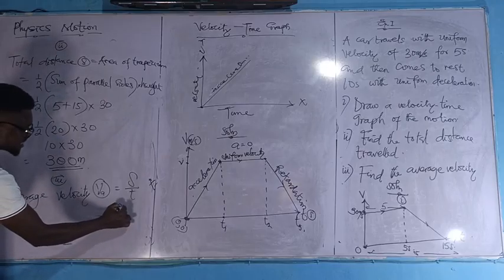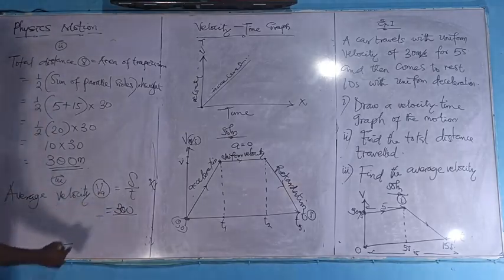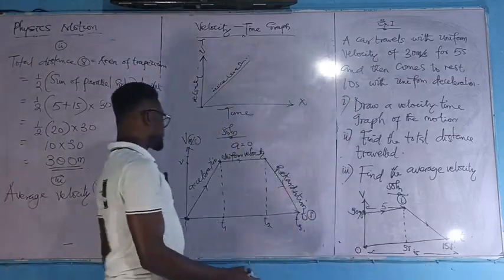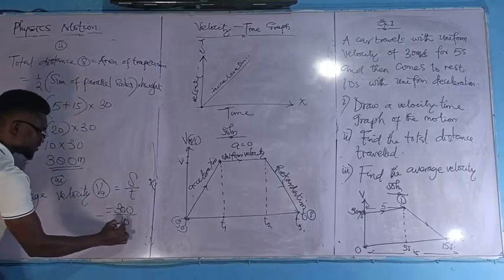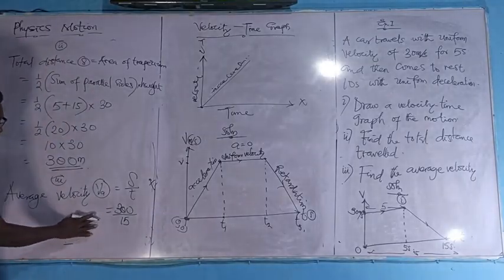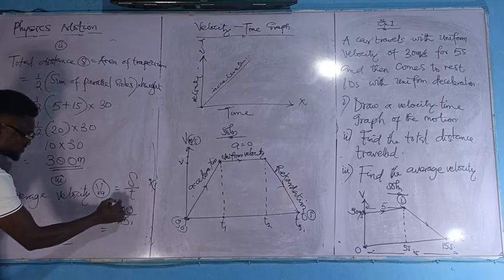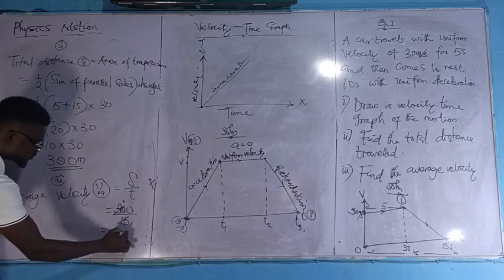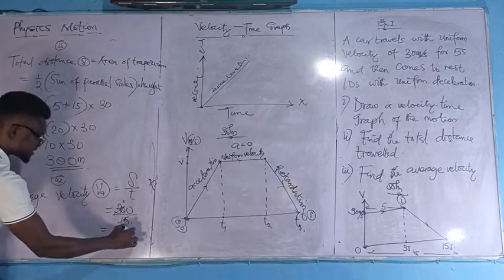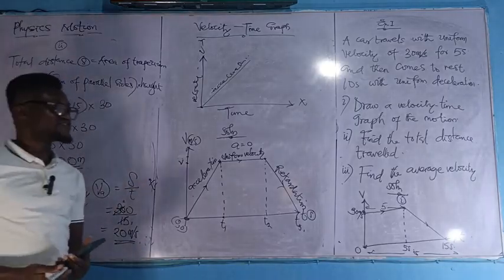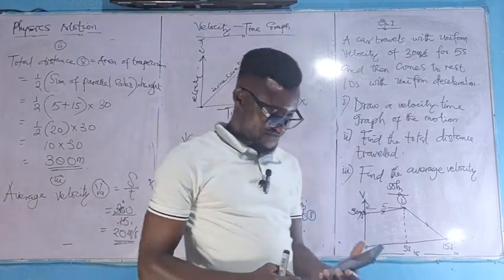So, the total distance, 300, over total time. The total time is from 0 to 15 seconds. So, the total time should now be 15 seconds. So, if you divide this, 15 goes into 15 once, 15 goes into 300 twenty times. So, we have 20 meters per second. That gives the average velocity.